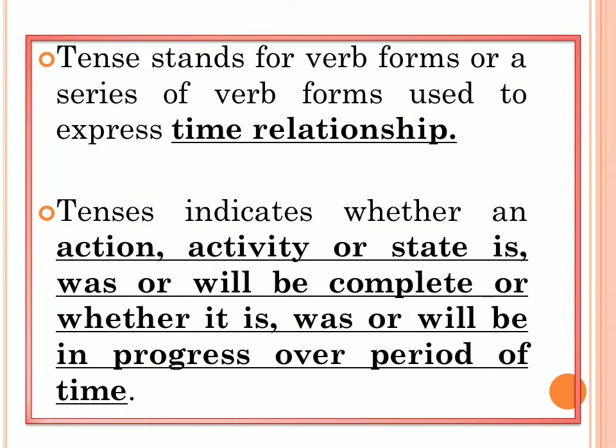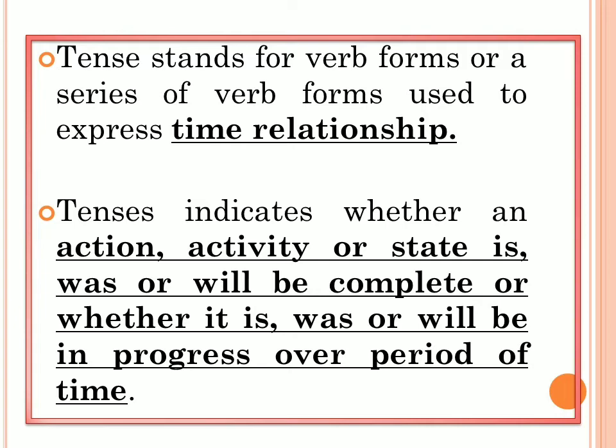So before we begin, we have to discuss what tense is. Tense expresses time relationship and whether the state or action is, was, or will be complete, or is, was, or will be in progress within the time period.